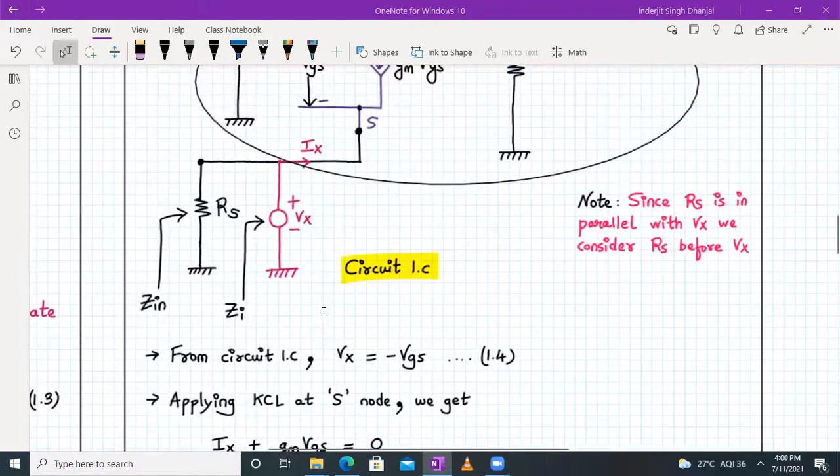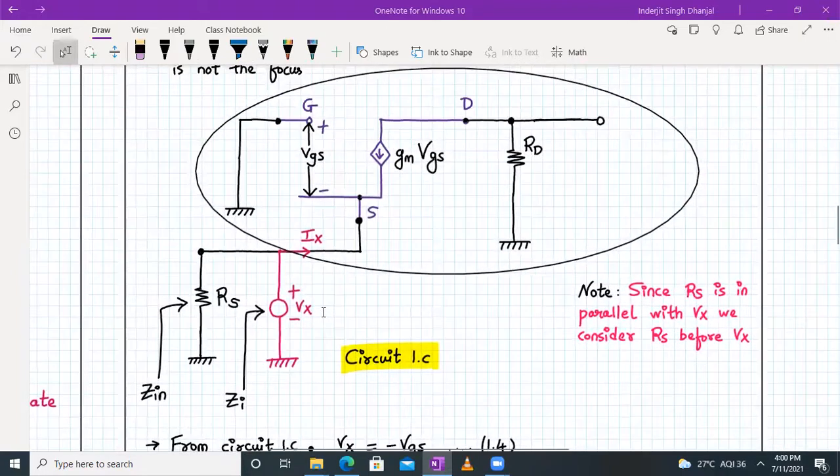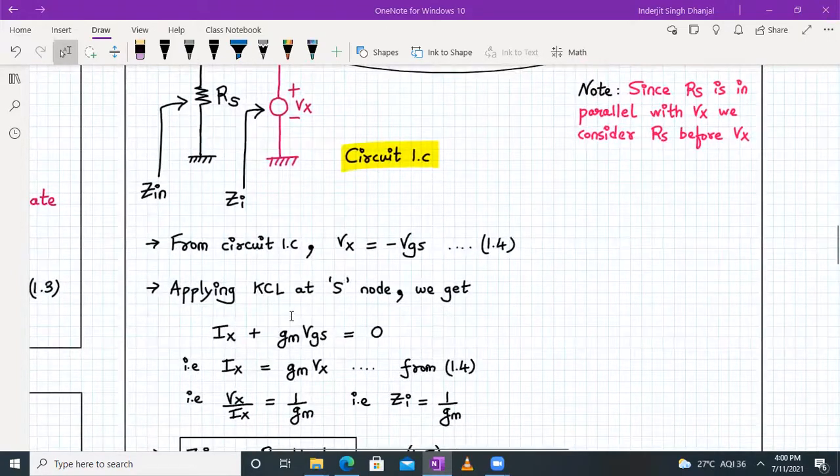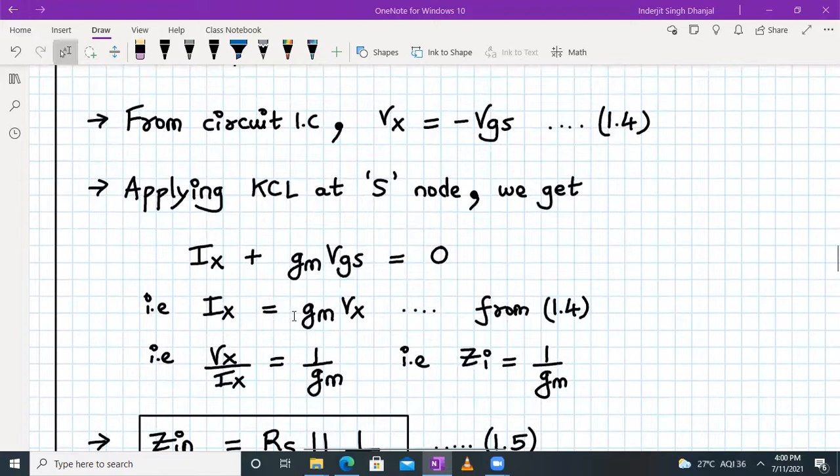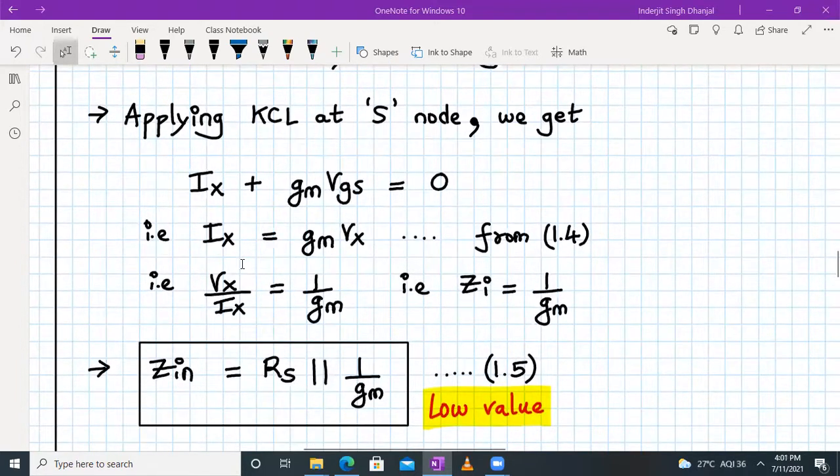Here we can easily write that both are incoming currents. So we have written KCL: Ix plus gm·VGS is equal to 0. So Ix will be equal to -gm·VGS, and we know that Vx is equal to -VGS. So Ix will be equal to gm times Vx. So what will be Vx upon Ix? 1 upon gm. So Zi will be 1 upon gm.